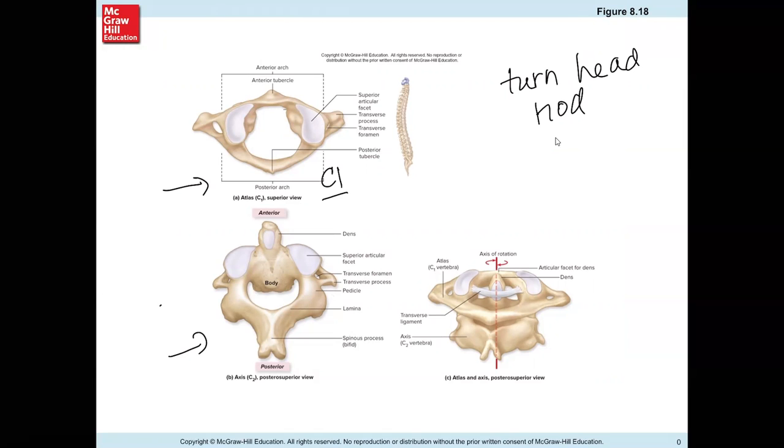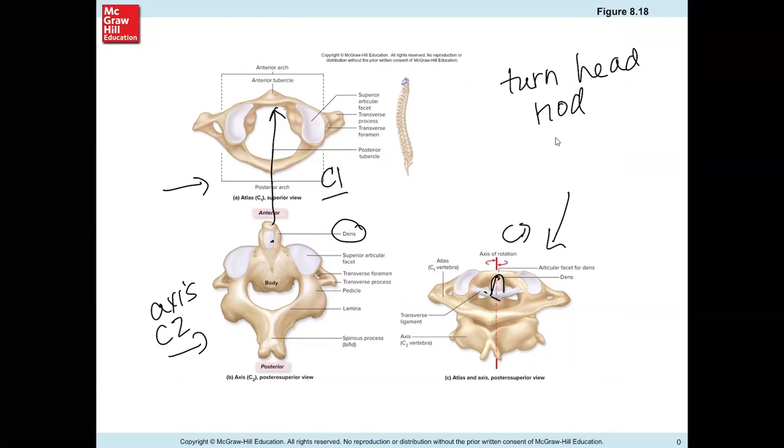And here's the axis, which is C2, the next one down. C2 has this protuberance that's called the dens. The dens lines up with the atlas. If you look at this picture, they're anchored together, and that's going to allow you to turn your head and say no.